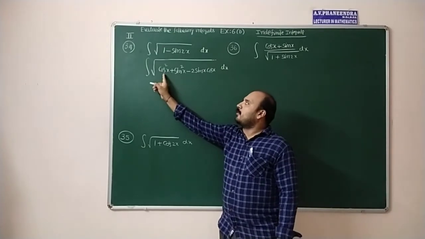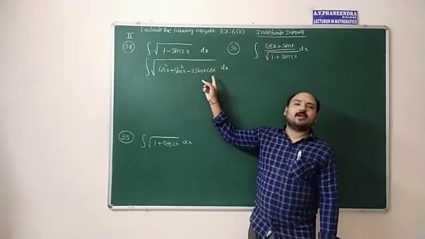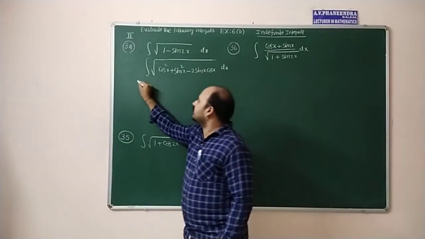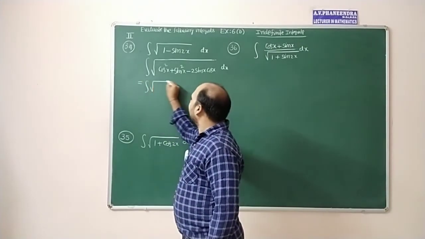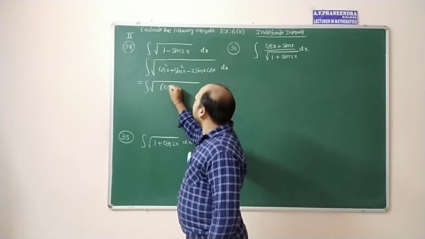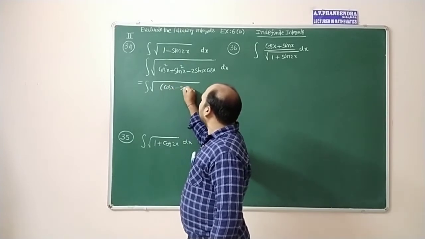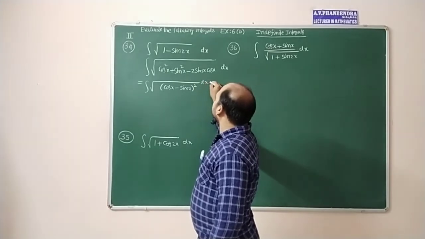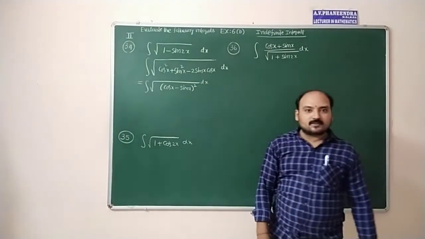It is in the form of a square plus b square minus 2ab, which is a minus b whole square, which is equal to square root of (cos x minus sin x) whole square into dx. Root and square cancel.